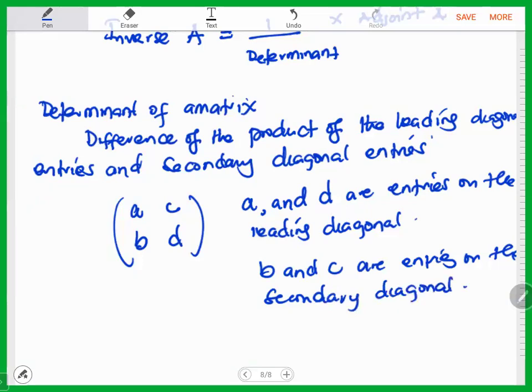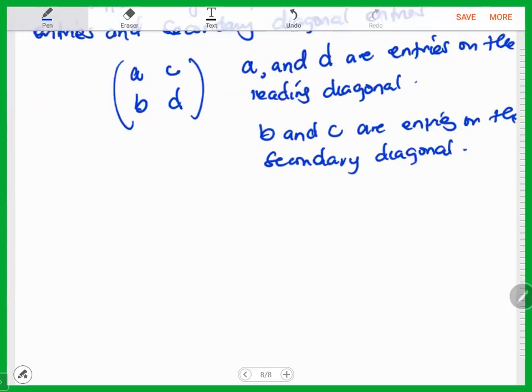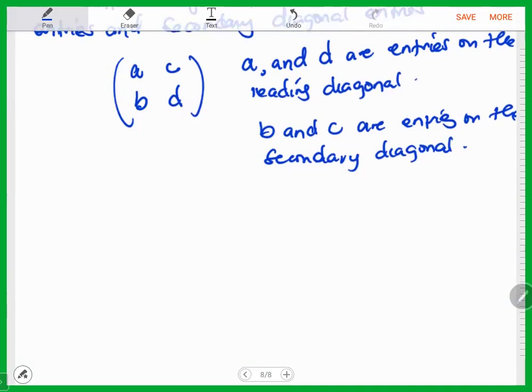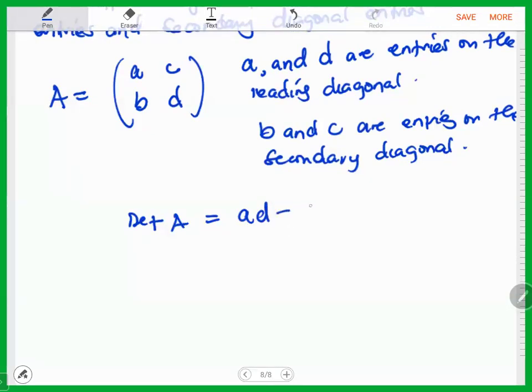Therefore, the determinant of A is equal to the difference of the product of the leading diagonal minus the product of the secondary or minor diagonal.